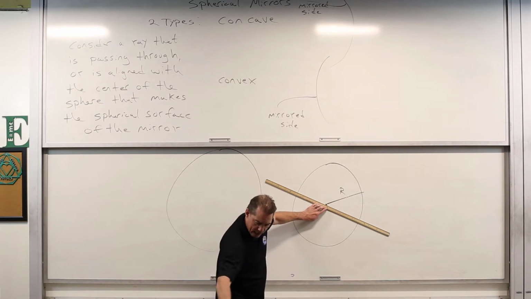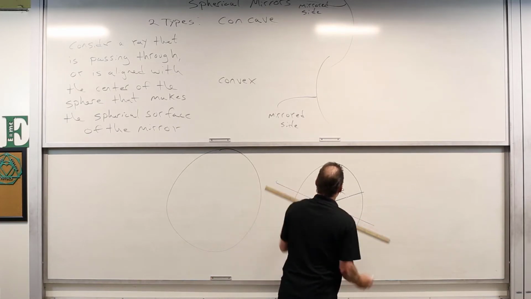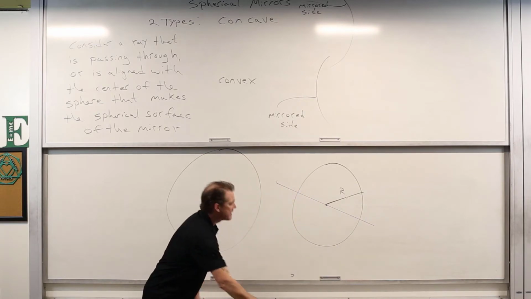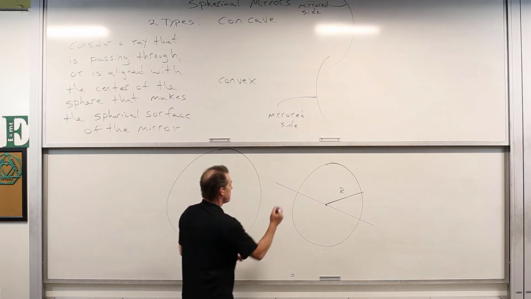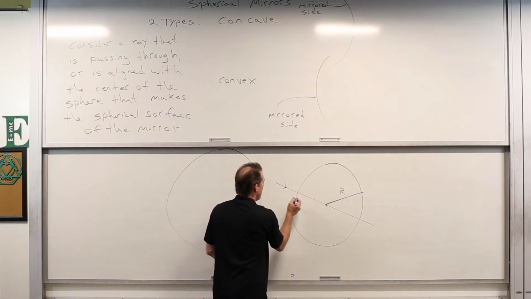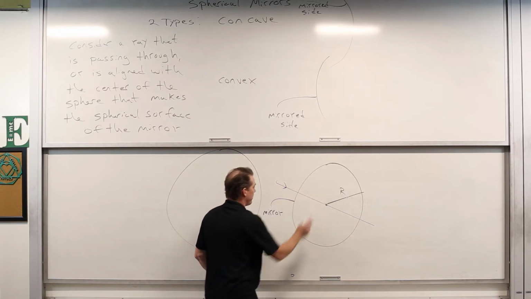Let's say that this is a circle that has some radius r, right? Well, let us consider some ray that is either aligned with or goes through this center here. Well, let's just make it go through, right? So consider some ray goes through the center. So what can we say about how that interacts with the surfaces? So take, for instance, this to be the mirrored side. This outer surface right here.